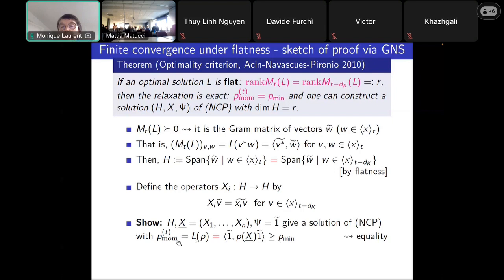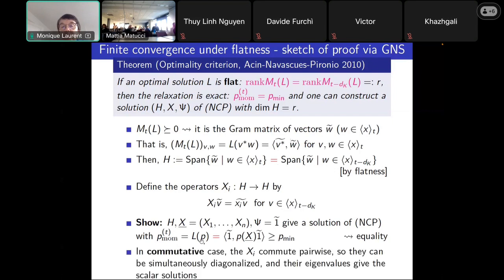So now what do we get? We get that the moment bound is larger than the P-min, but the P-min is always larger than the moment bound. So the P-min is equal to the moment bound. So we obtain that the bound is actually exact. And so this is concluding the proof in the non-commutative case.